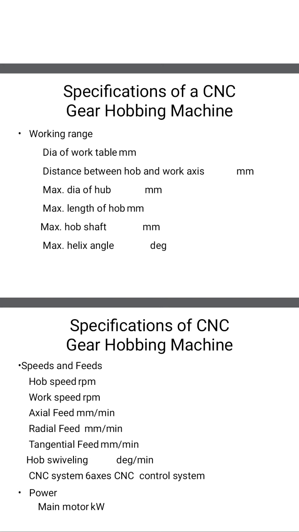Slideways: how many slideways does it have? How many ball bearings does it have? We'll check all this. Hydraulic slides give high accuracy. So this is the accuracy of that machine. These are some different types of specification.